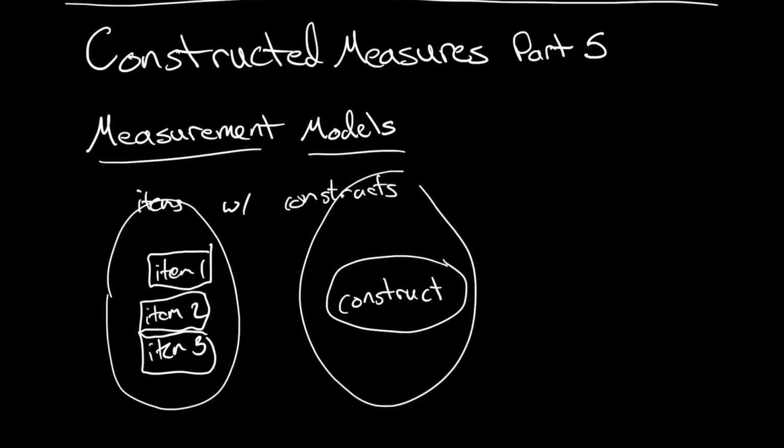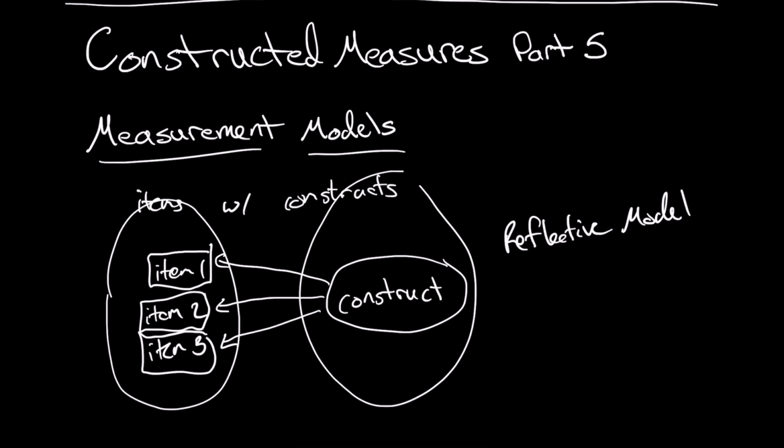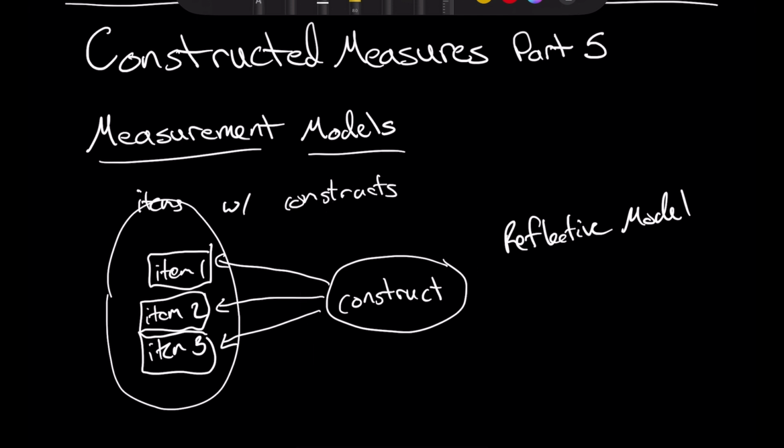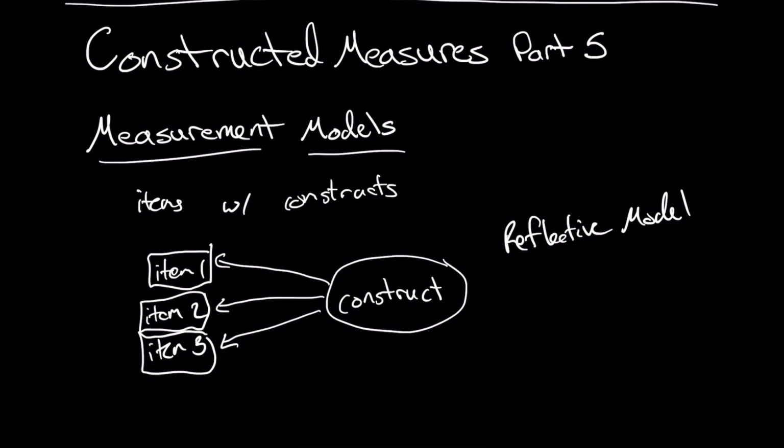Well, one way we can think about it is that our construct implies differences in the items. This is what is called a reflective model, where the individual item responses reflect differences in the construct. So differences on our construct are differences on the items.